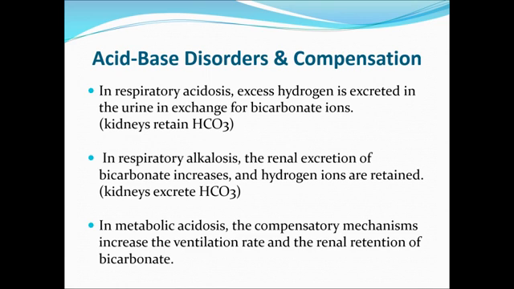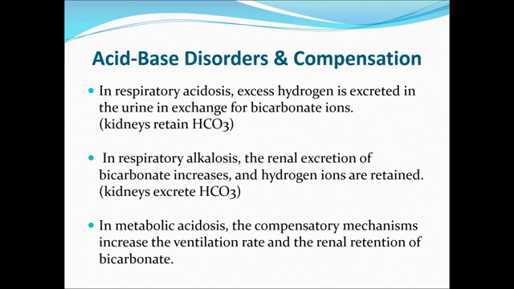So with acid-base disorders and compensation, here are just some basic things to keep in mind. I'm focusing mostly on respiratory here because Unit 5 is respiratory cardiac. Respiratory acidosis, what happens is there's too much acid in the body. Okay, it's a respiratory problem, so the kidneys are going to try to compensate to fix the problem.